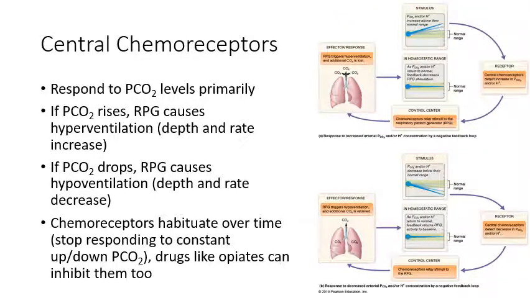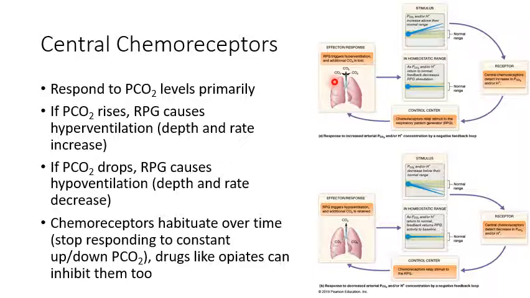So looking in closer at the central chemoreceptors, I guess I already went over some of this information, but if the partial pressure of carbon dioxide goes up, then that information will be sensed by the central chemoreceptors, and they feed it into the respiratory pattern generator, which is going to cause hyperventilation in response, in which you're going to breathe more quickly and more deeply, and you're going to blow off ultimately more carbon dioxide.